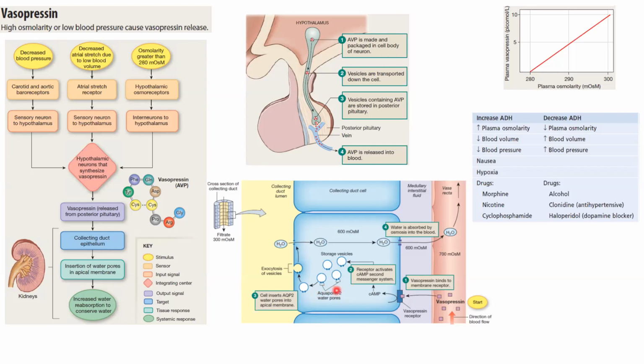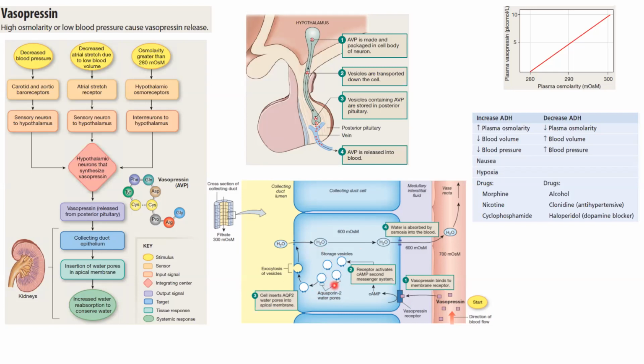But that takes time. So that's why we have pre-made stuff already available for immediate release. And then that genetic machinery also gets started to make more and new aquaporins, so that if you need it, in the current scenario, it becomes available in a few hours, but you will need it anyway.